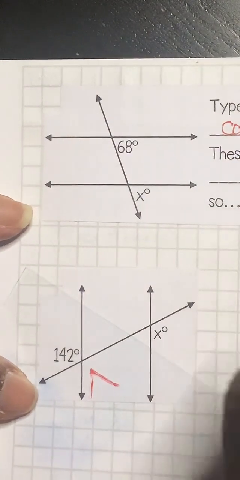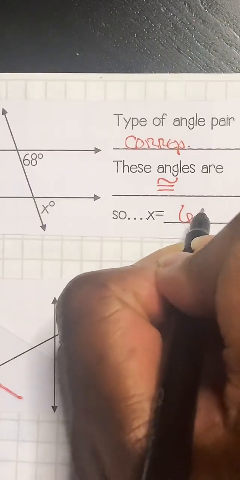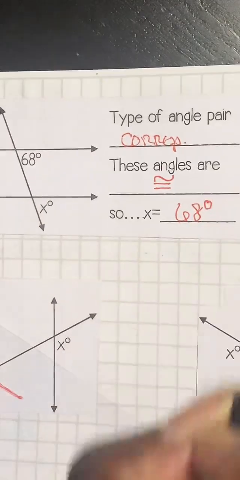We've got our corresponding angles, and corresponding angles are congruent. So that means X is going to be 68 degrees.